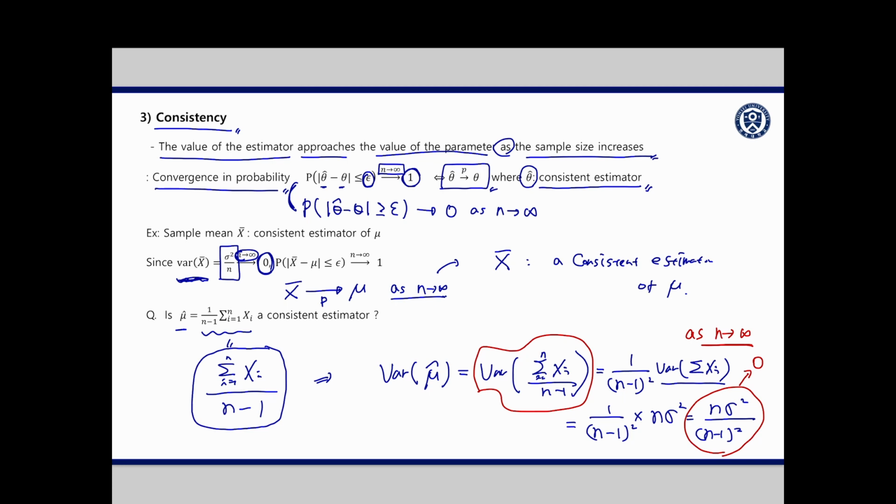So mu hat converges in probability to mu, and mu hat is also a consistent estimator of mu.